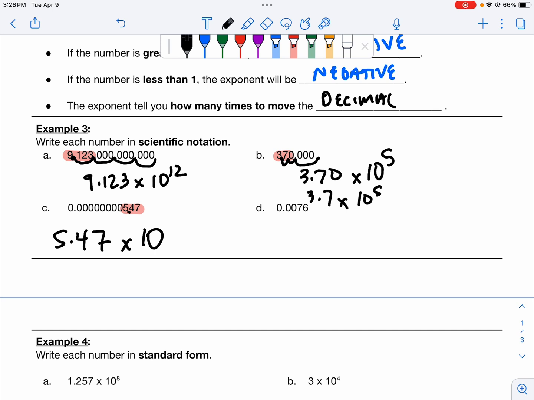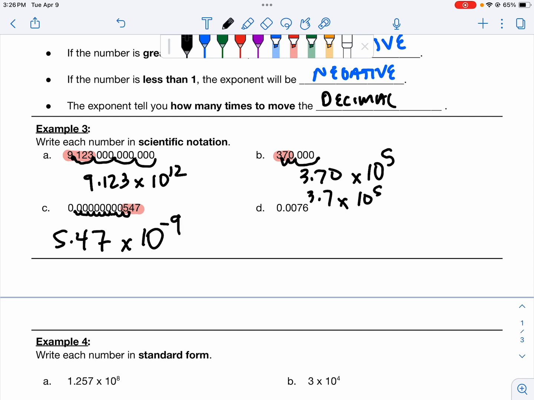So I have to see how many times we move the decimal place. 1, 2, 3, 4, 5, 6, 7, 8, 9 times. Now, since it's been smaller, what I've really done is taken the 5.47 and not multiplied by 10 nine times. I've divided by 10 nine times.